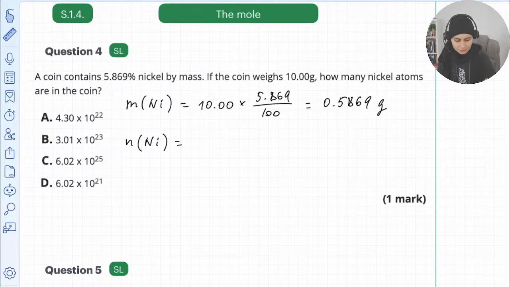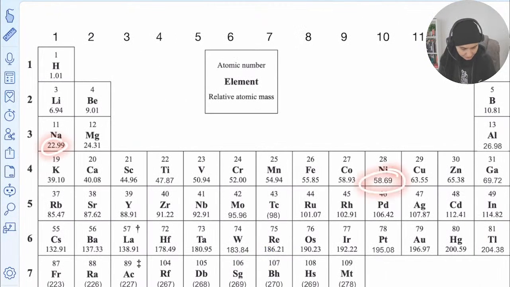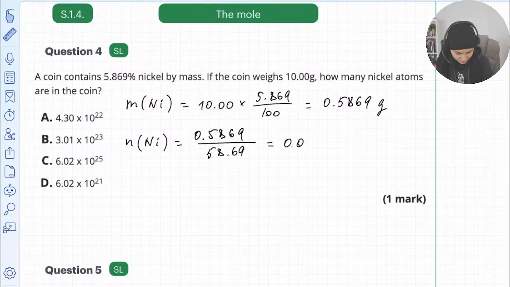And then I find the moles. That's mass over molar mass, so 0.5869 divided by the relative atomic mass of nickel. Where is it? 58.69. Yeah, this one. So that is 0.01.